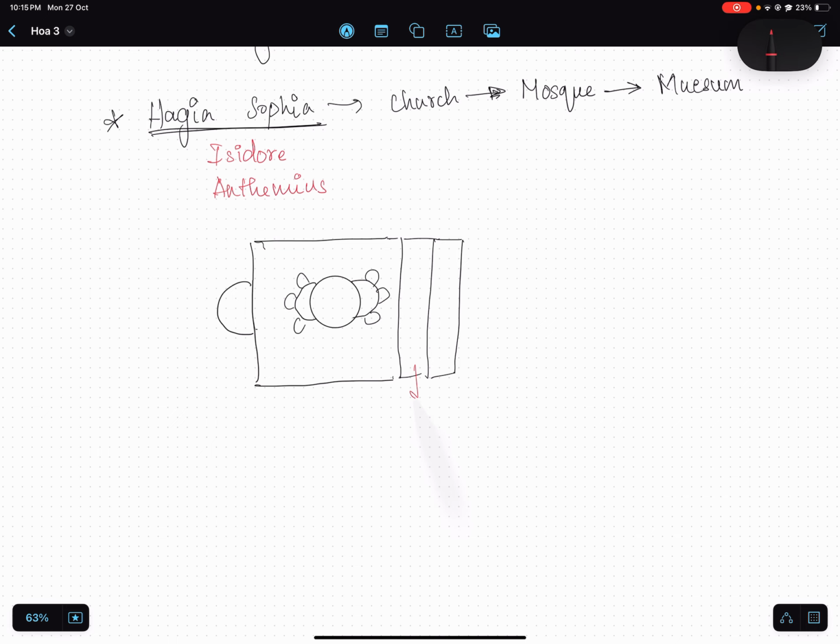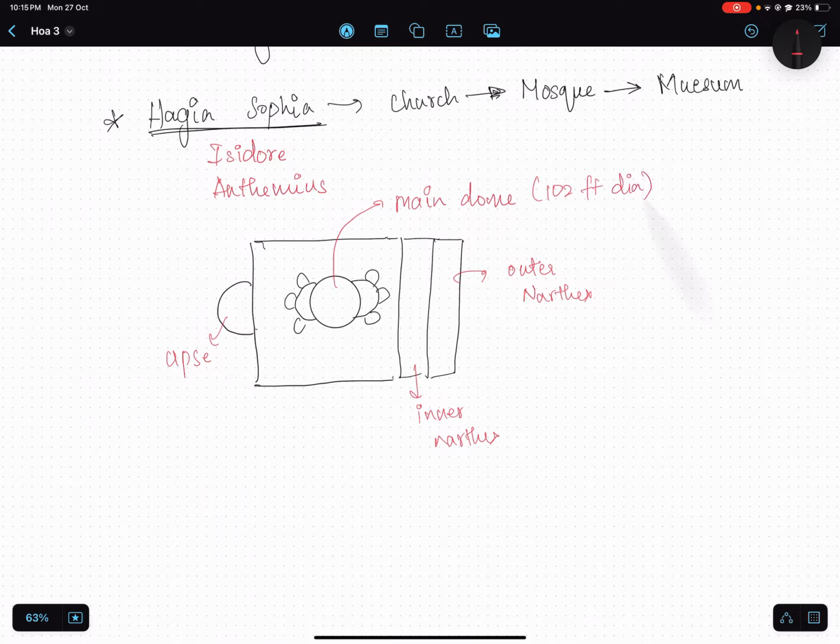So this was their inner narthex, their outer narthex, their apse, their main dome. These two are their semi-domes, and they provide support to the main dome.